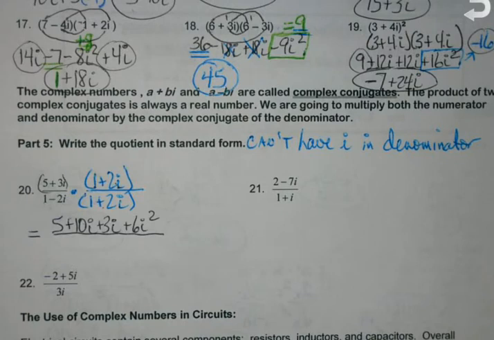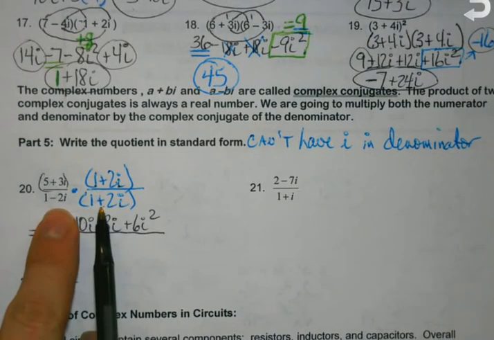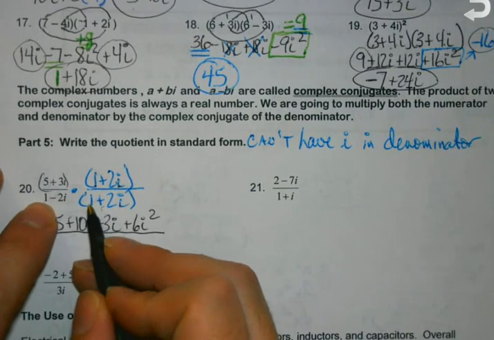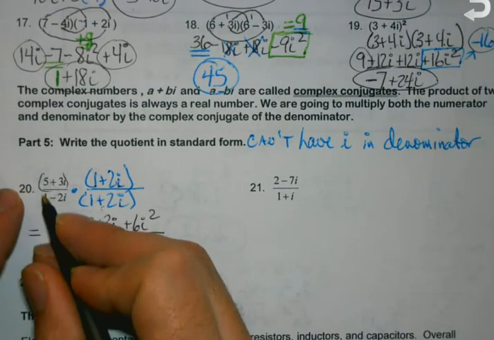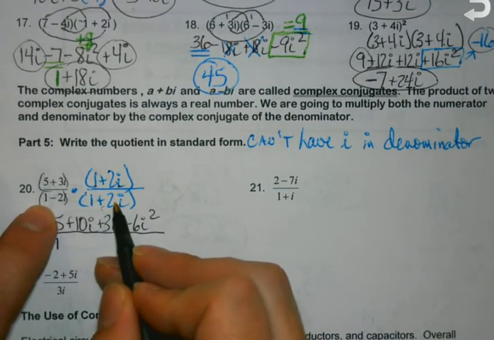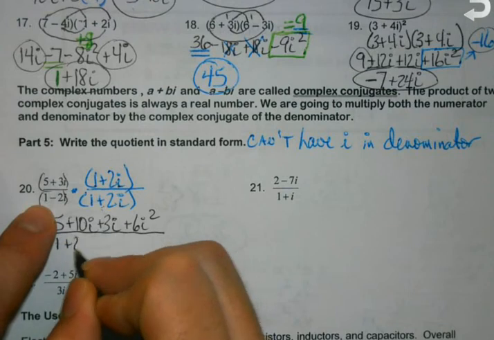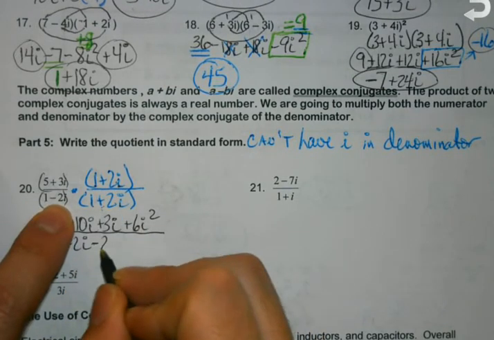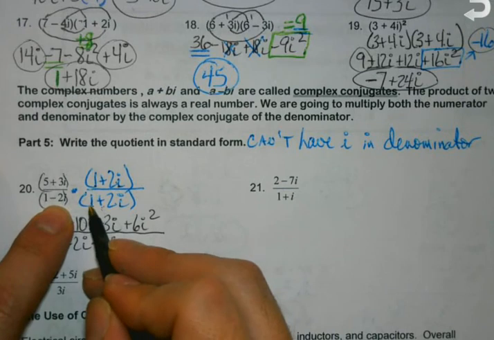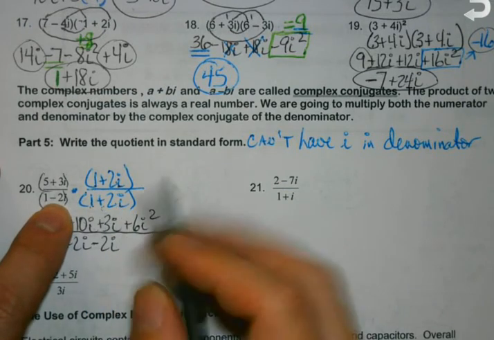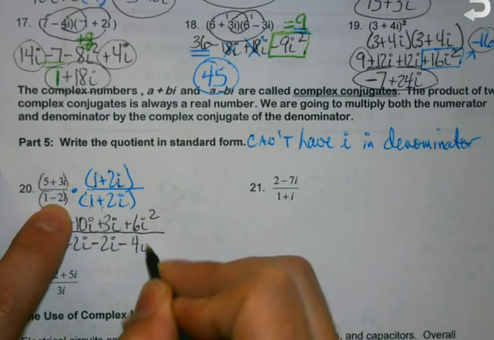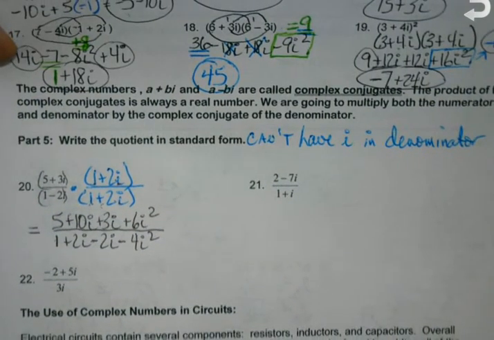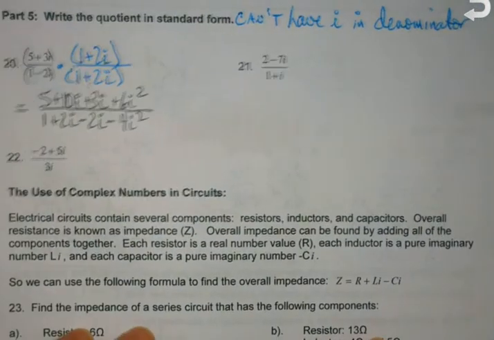When I FOIL this out by using the opposite sign, or its inverse, let's see what happens. 1 times 1 is 1. 1 times 2i is 2i. Negative 2i times 1 is negative 2i. And negative 2i times positive 2i is negative 4i squared. And you're like, Harty, I still see an awful lot of i's all over the place. I understand this, but you won't very soon.